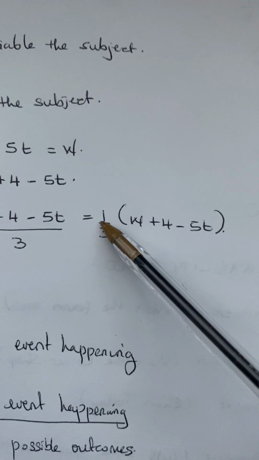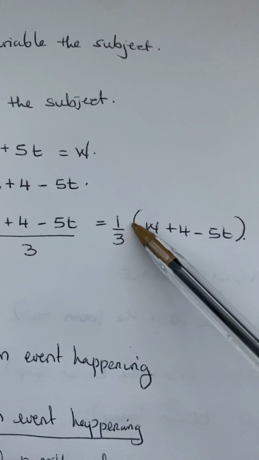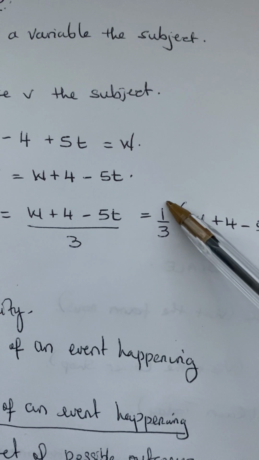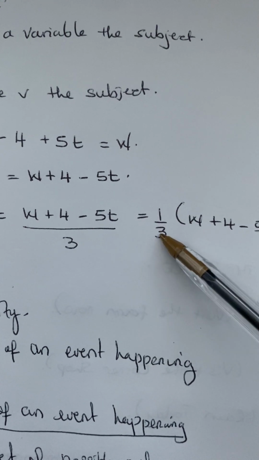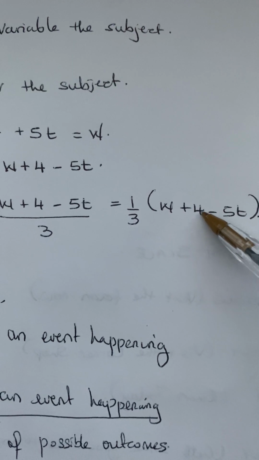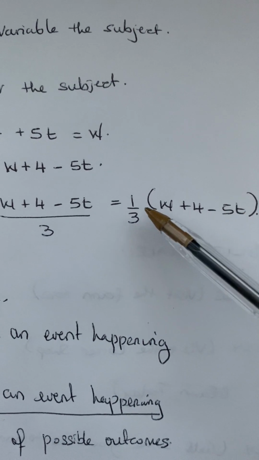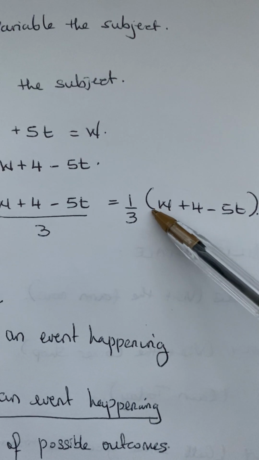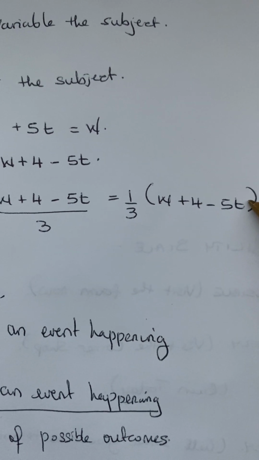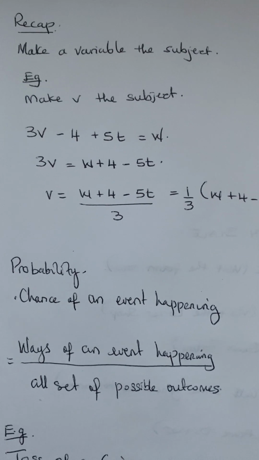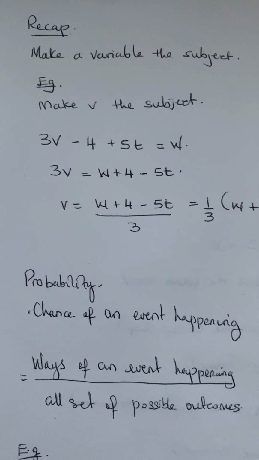You can leave your answer this way, or as I said, it becomes 1/3 of w add 4 minus 5t, where 1/3 affects everything in your bracket. So this is what we did in our last lesson.